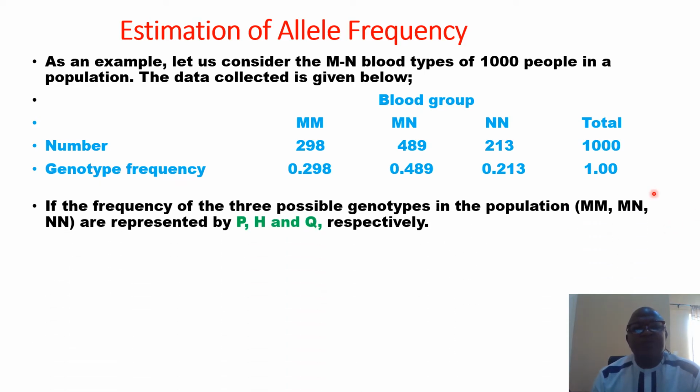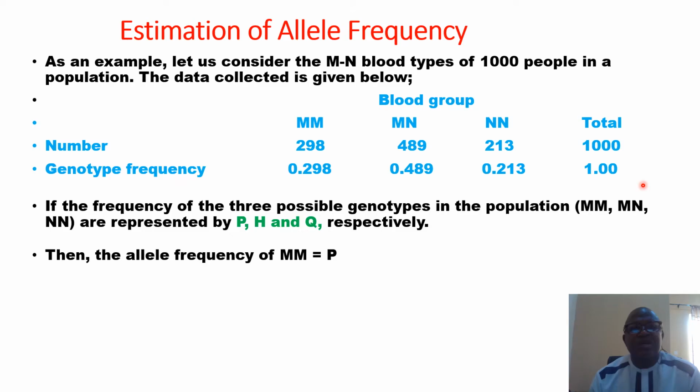So if the frequencies of the three possible genotypes MM, MN, and NN are represented by P, H, and Q respectively, then the allele frequency of M is represented by p, while that of N is represented by q.